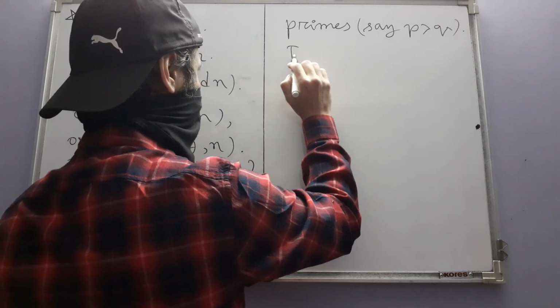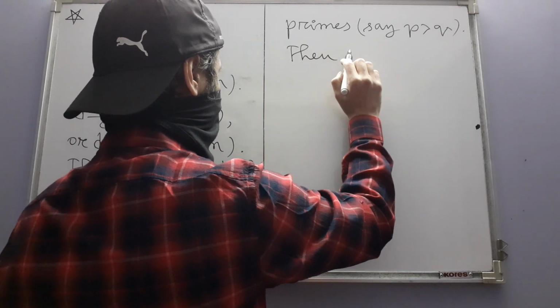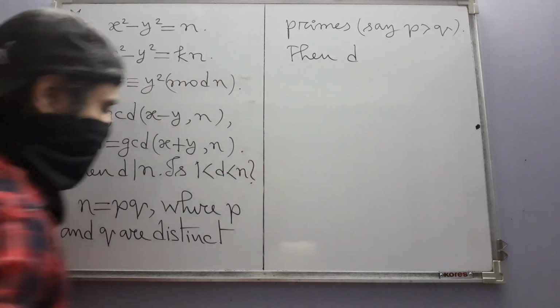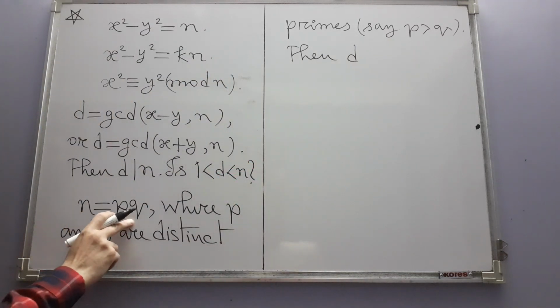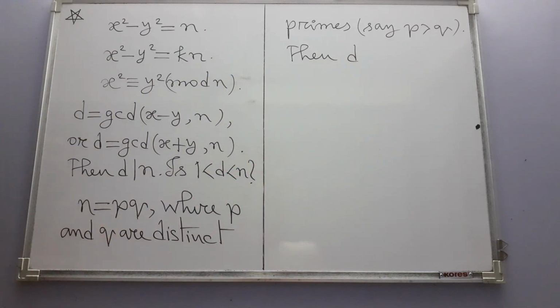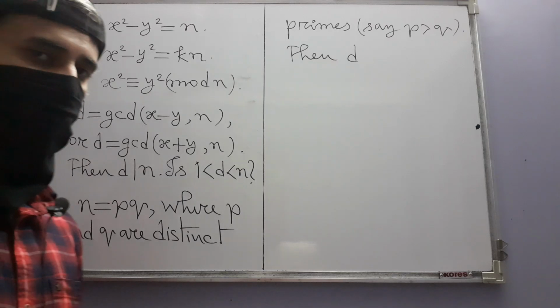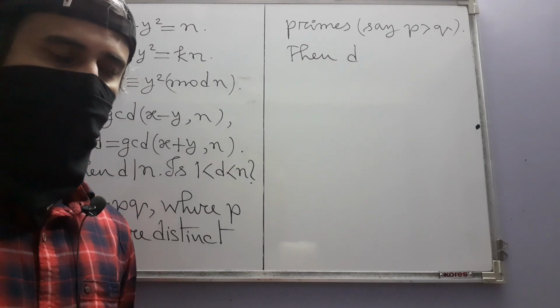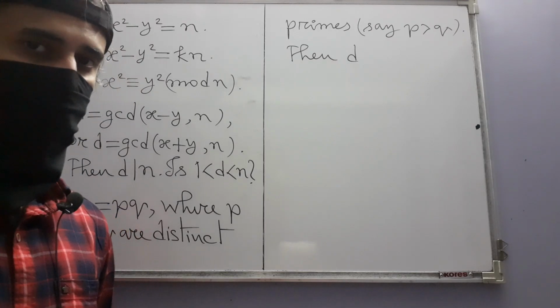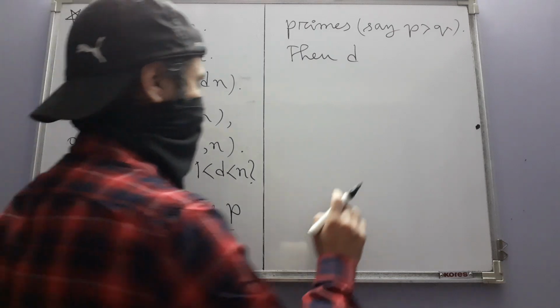Then what can we say about d now that n has this somewhat simple form? It's only a product of two primes, for example 6, or say 14, 2 times 7, like that.